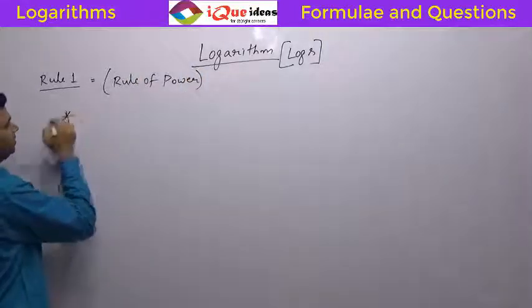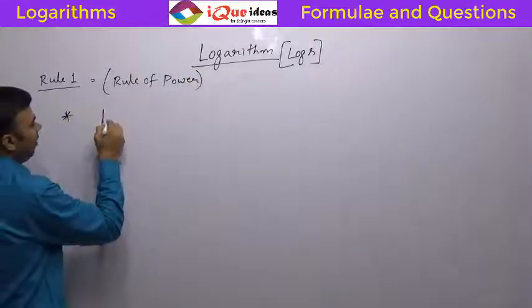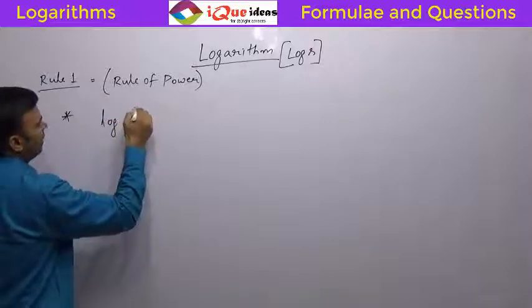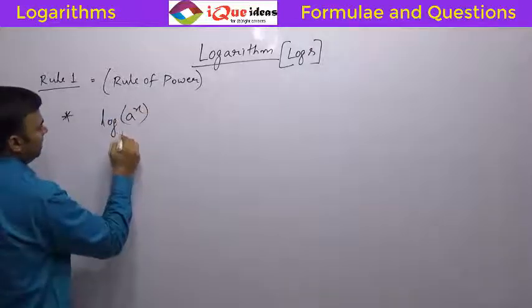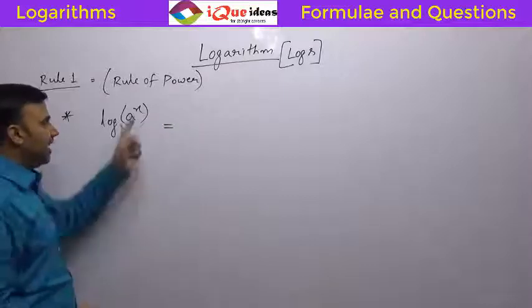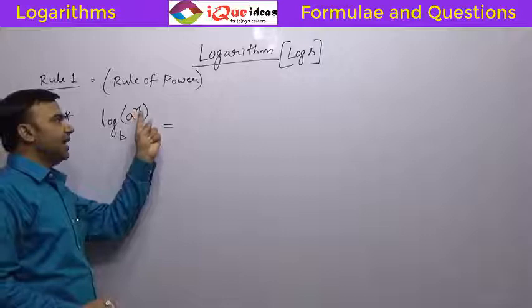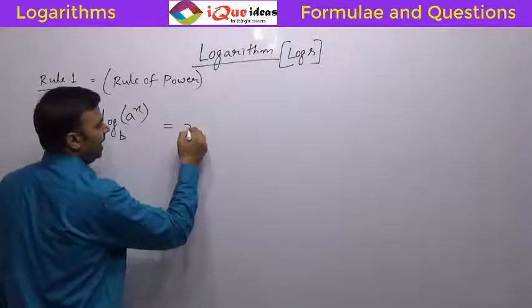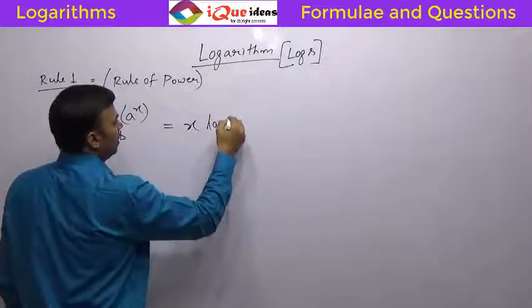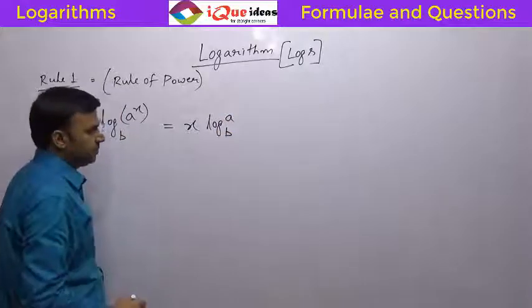The rule says that if I have something like log of a to the power x to the base b, then this power x comes outside. Everything remains as it is, just this power x comes outside. So we can write this as x log a to the base b. That's it.